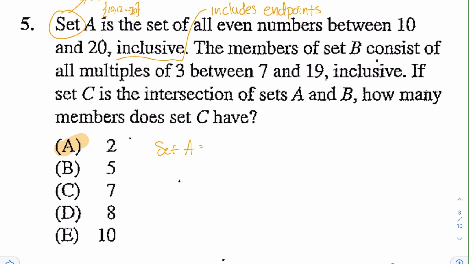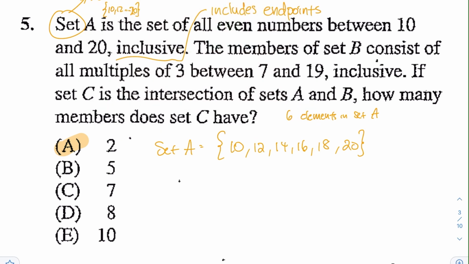So let me just rewrite that again. It includes 10, and here you just have all the even numbers. So set A will have 1, 2, 3, 4, 5, 6 numbers, or 6 elements. And again, an element is just a number in the set.